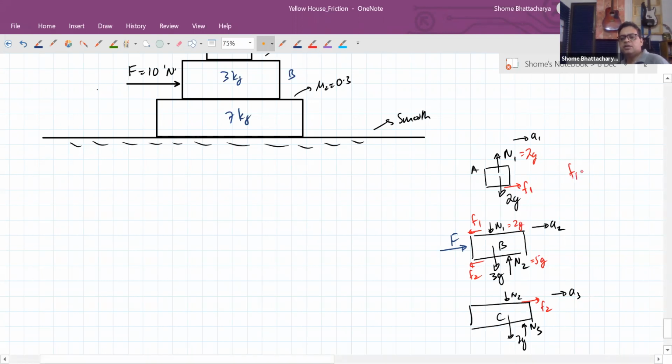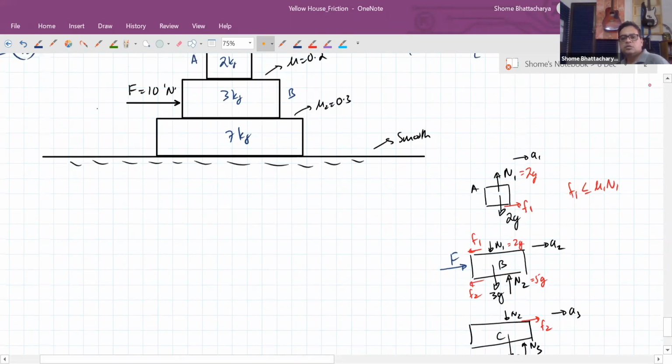Now you can see that F1's maximum value is mu1 N1. So mu1 was 0.2, so 0.2 into 2g. So that is 0.4g, so 4 newtons, taking the value of g as 10.